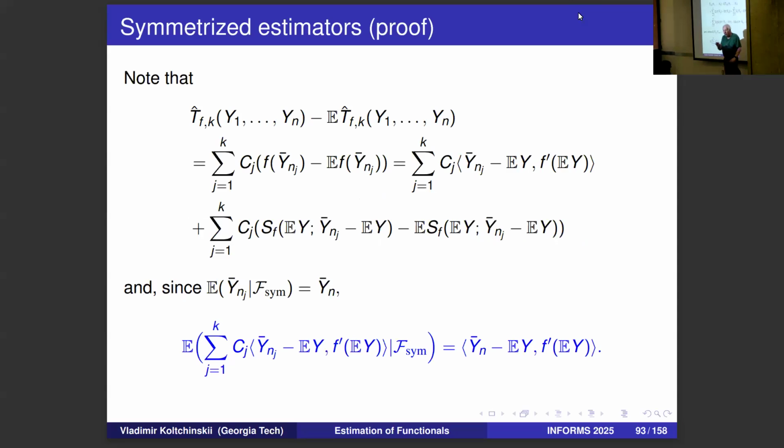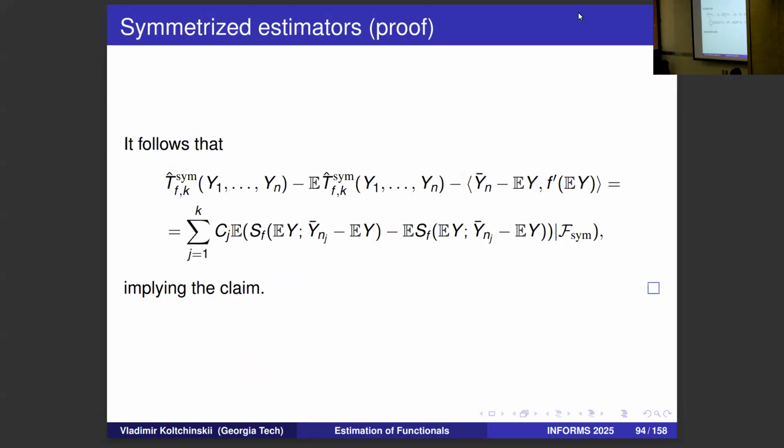So symmetrization of any sample mean corresponding to a smaller sample size is the whole sample mean based on all the data, okay? That's the property we are using. And as a result, when you compute this conditional expectation here, since the sum of the coefficients is also equal to 1, you will end up just with this term, and this is the term that allows us to achieve efficiency in this problem, basically.